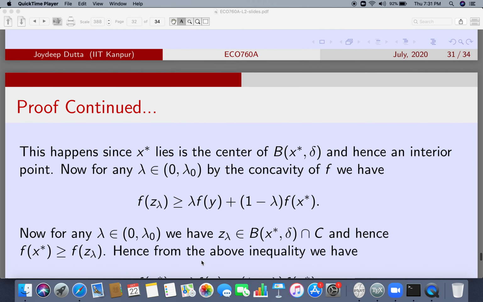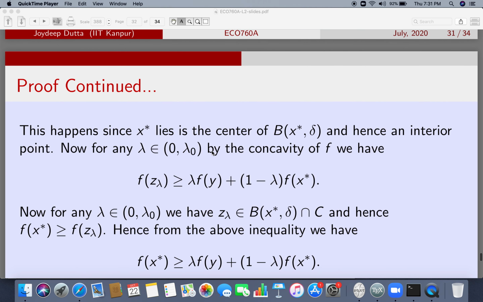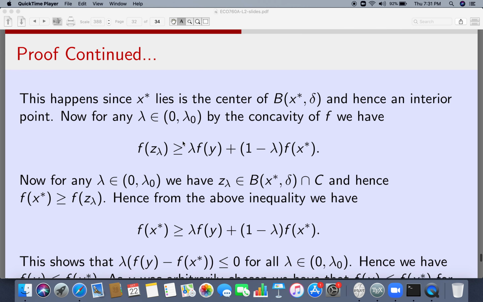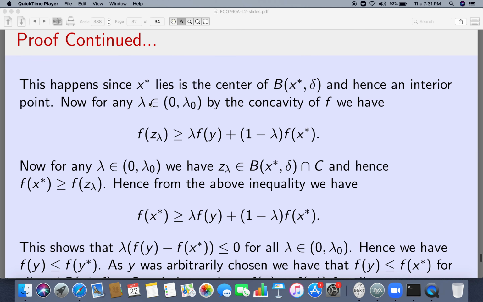Once you have done that, you know that by concavity of f, for any lambda between 0 and lambda naught, I'll have this result. Because for any lambda from 0 to lambda naught, z lambda is inside this zone, by the definition of local maximization, f(x star) must be greater than or equal to f(z lambda).